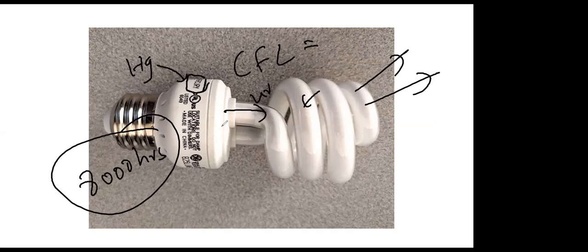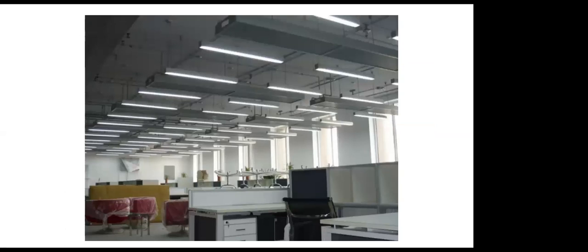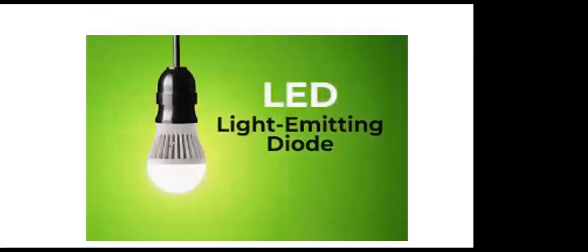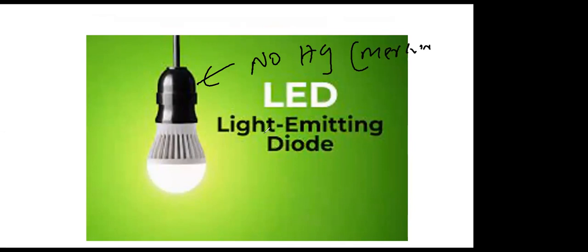So we started with the filament bulb, then tube light, then CFL. Now we use the fourth type. What is that? LED. The main benefit: no mercury, environmentally friendly, no toxic heavy metal, and long lifetime, about 50,000 hours you can use.